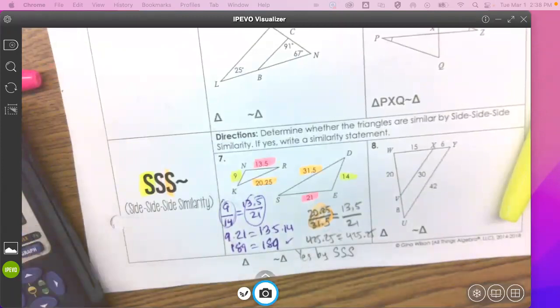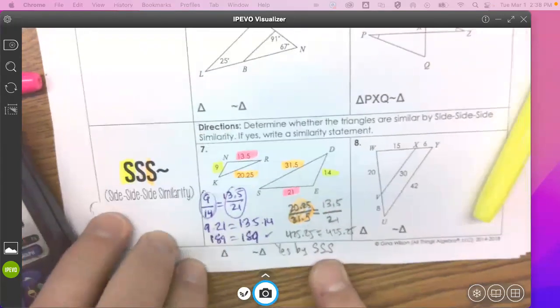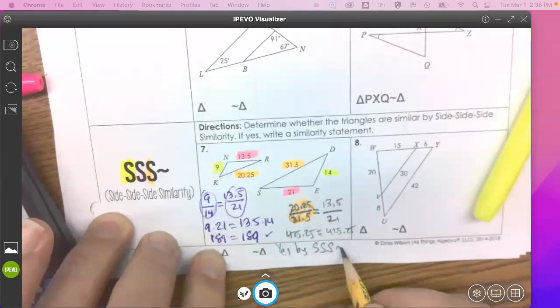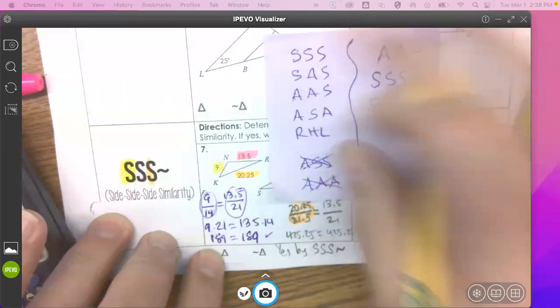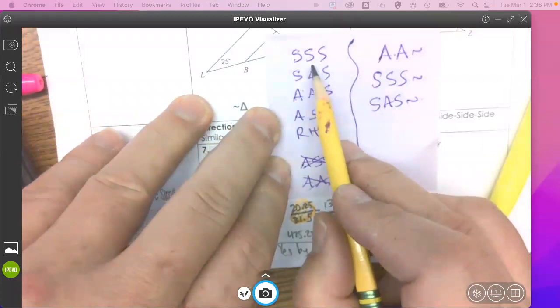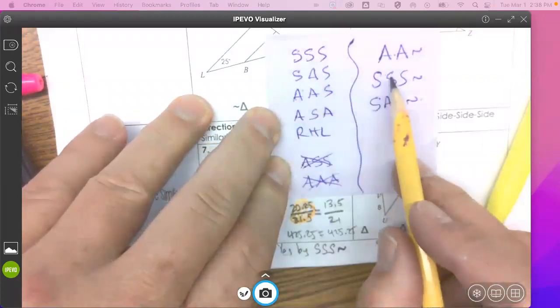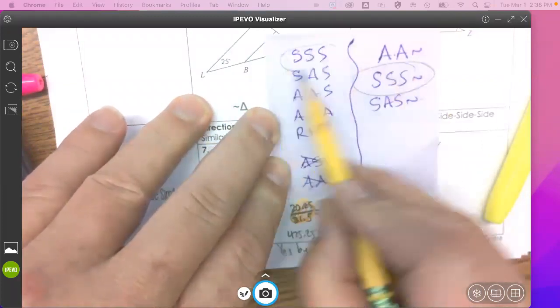And please, please, please make sure that when you write this, you don't just write side, side, side. Put the similarity symbol on it. Because this theorem and this theorem are two entirely different things.